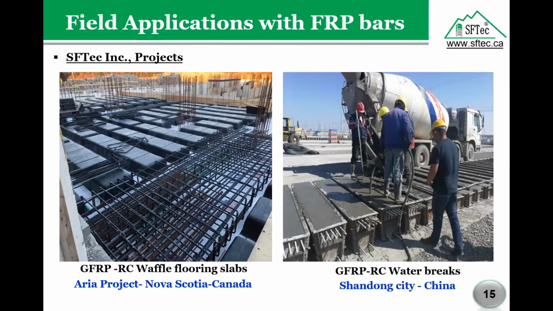Actually, we are talking here in terms of price. We are talking about flexural elements like slabs. If you are going to use this kind of reinforcing bar, the price will be very high compared to black steel.